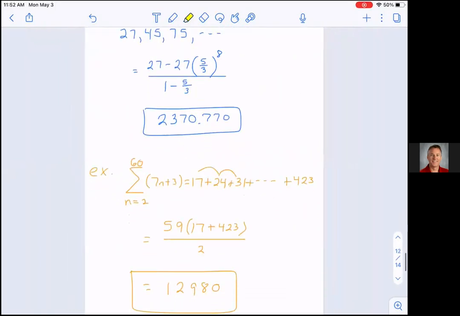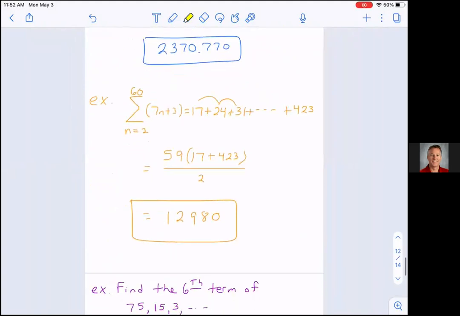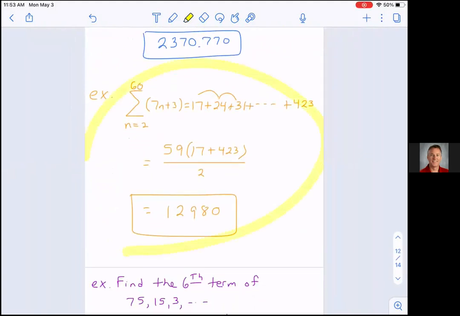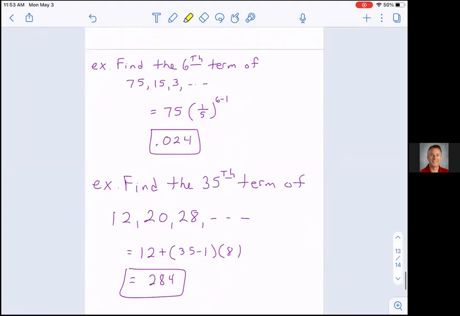The second section, we did an arithmetic series example. That had some sigma notation thrown in there as well. And then we had a geometric sequence and an arithmetic sequence where we were just finding the next term. All right, you guys have any questions on any of those 4 different types?